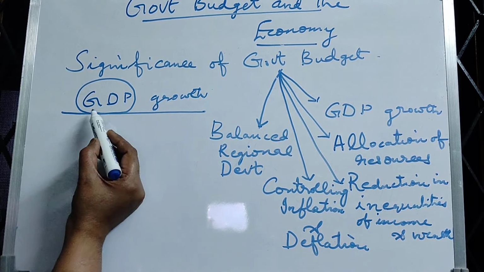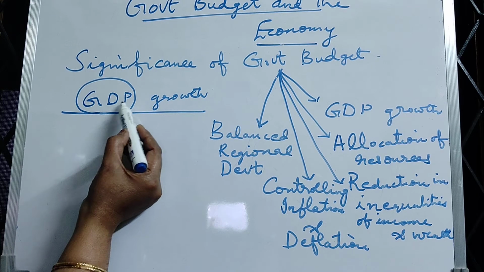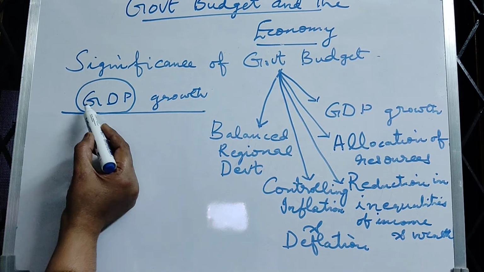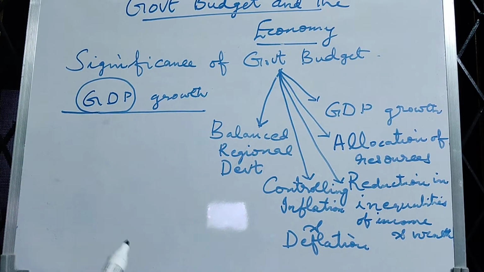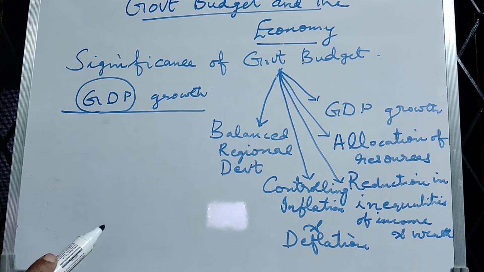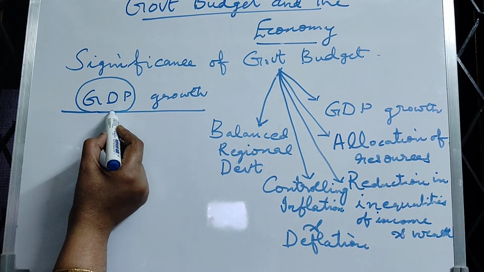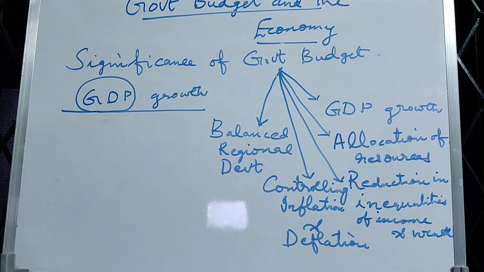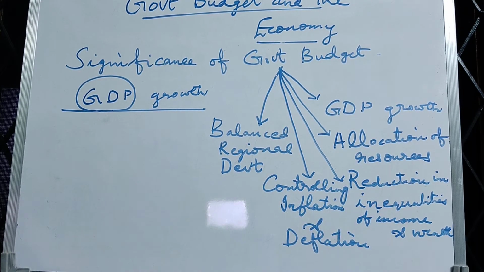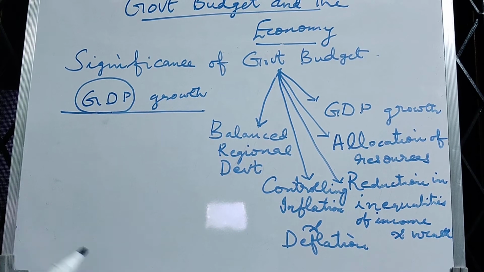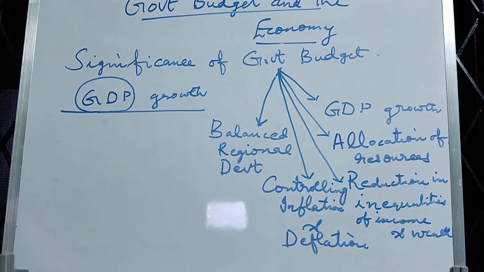It is the total production in the economy, the money value of all the goods and services produced in the economy. When the total production in the economy increases over the years, it points to the fact that the economy is growing, developing.